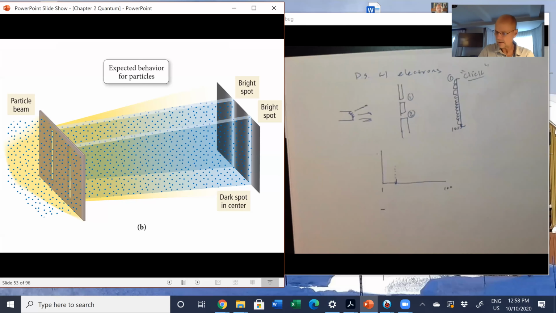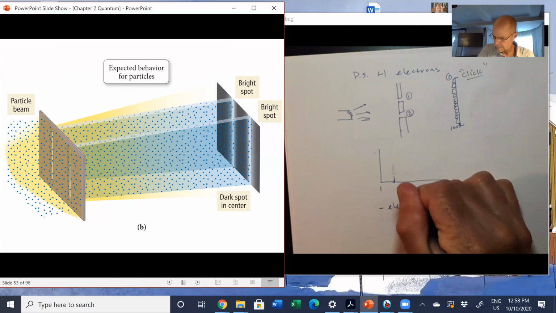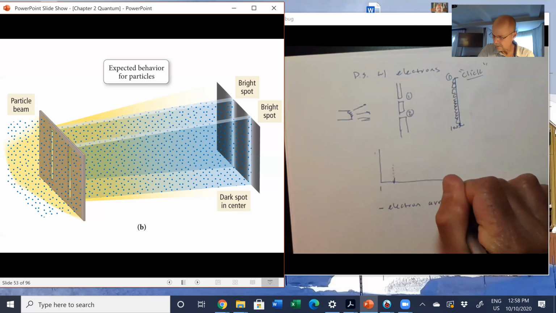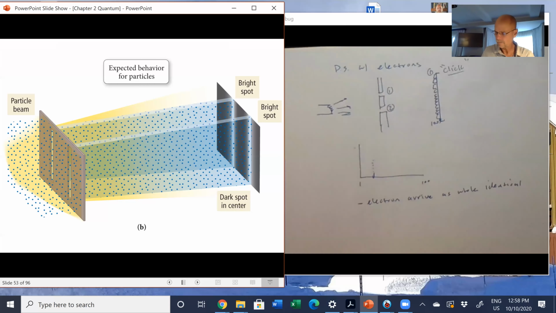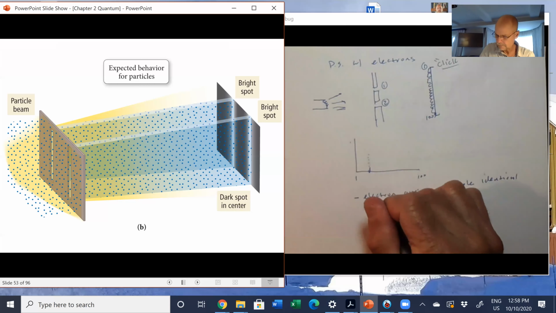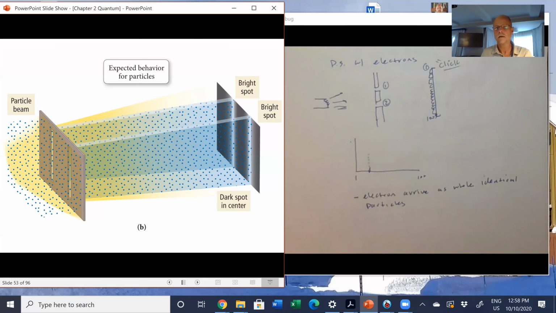Electrons arrive as whole identical particles, okay?